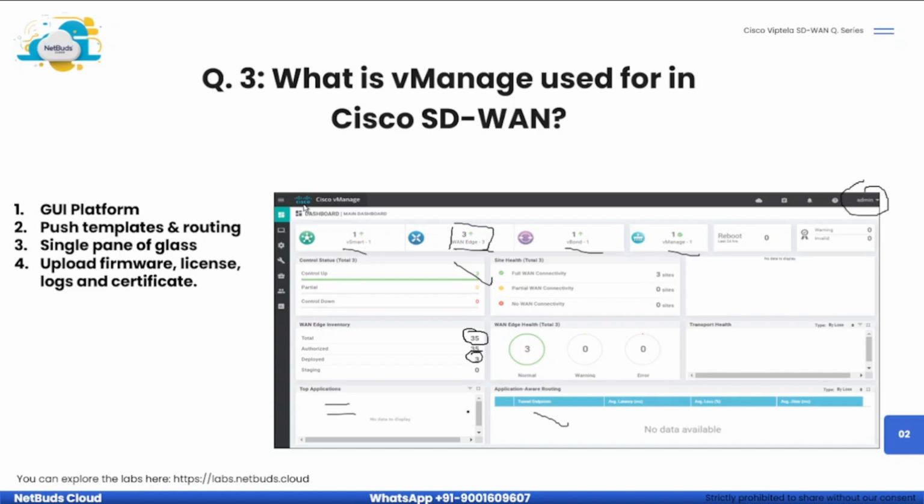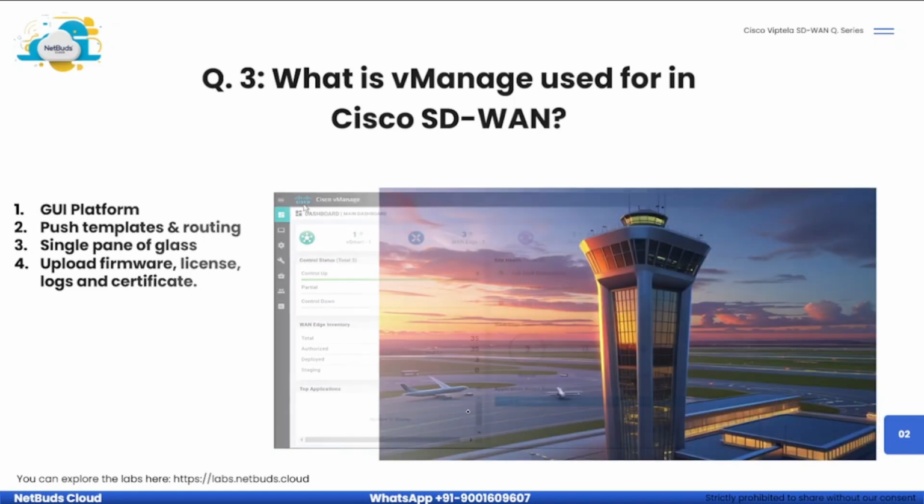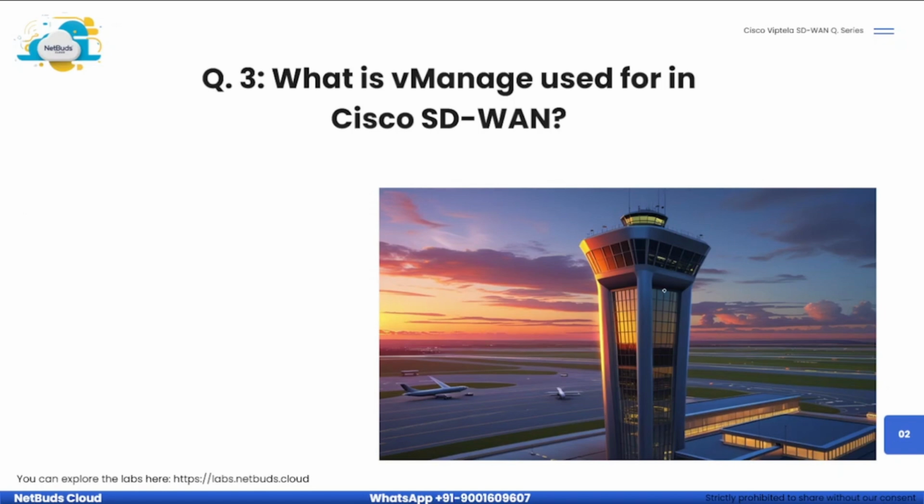If I give you an example, you can see on my screen, this is an airport control tower, right? Sometimes you may have heard about the ATC in the newspaper or print media, airport traffic control, right? This is generally always a control tower.